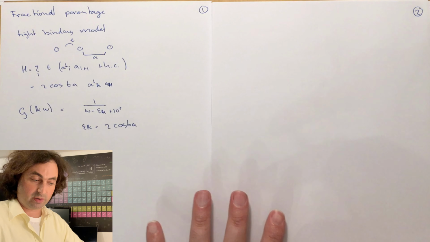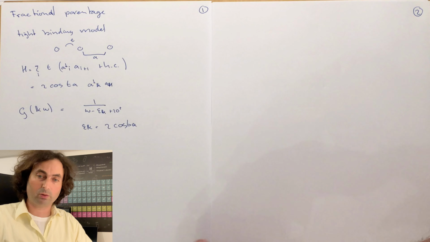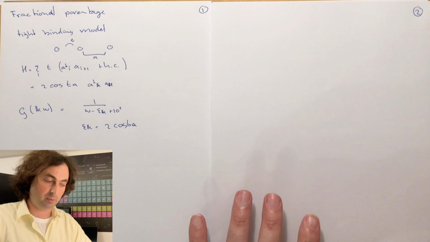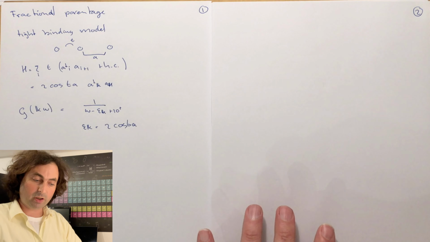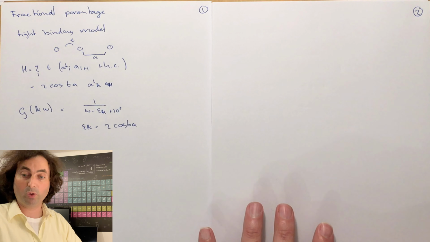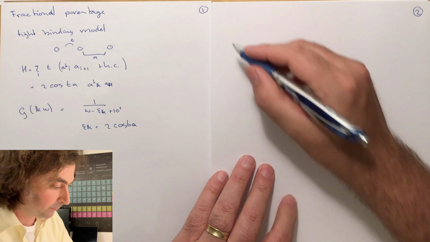And I do not want to discuss the case where we have a single orbital per site, which we discussed in the previous set of lectures, but I want to have a look at the case where we have multiple orbitals per site.